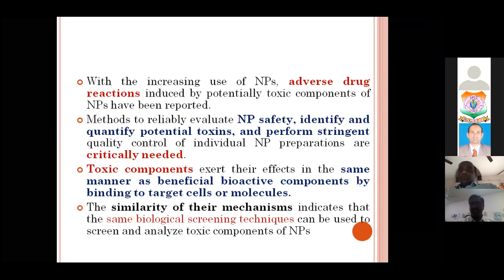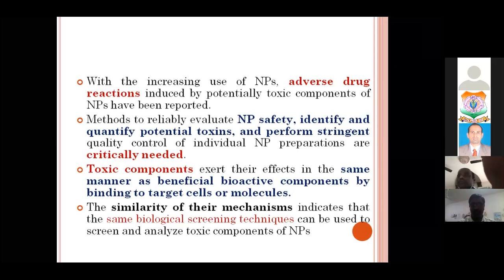So we can use these technique models to identify adverse drug reactions or any toxic reactions from these particular active components, because the same methodology, the same approach which we are using, can be applied to identify adverse drug reactions too.